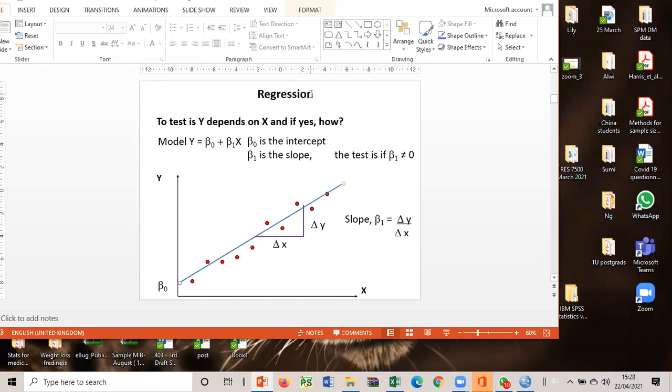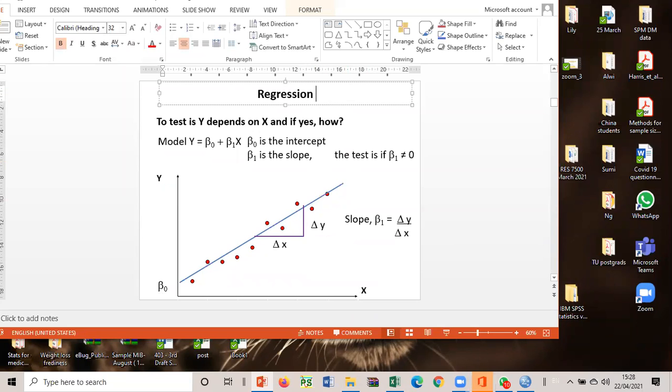OLS, ordinary least squares. Squares of what? Squares of residuals. What is a residual? The observed minus the predicted, the distance between the observed value and the value on the line.